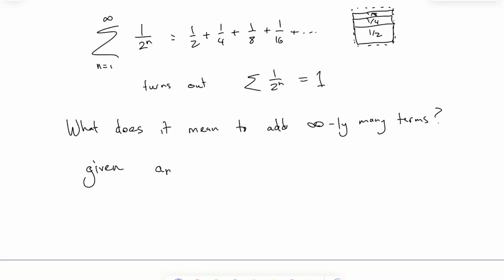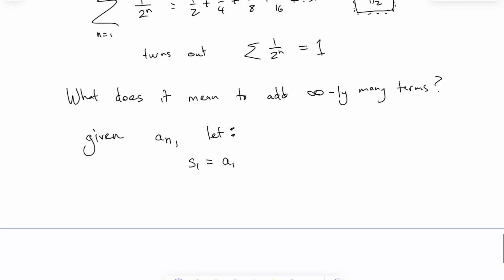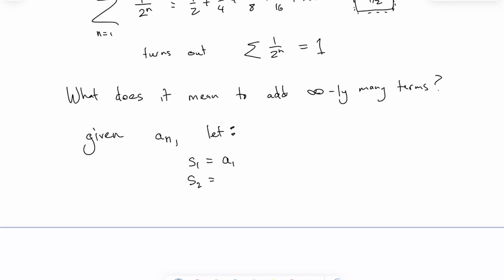Given some sequence a_n, rather than considering the sum of all infinitely many of them, which is something that it's not clear what that even means, I'm going to define another sequence called S. S1 is going to be the same as a1. S2 is going to be a1 plus a2. S3 is going to be a1 plus a2 plus a3.